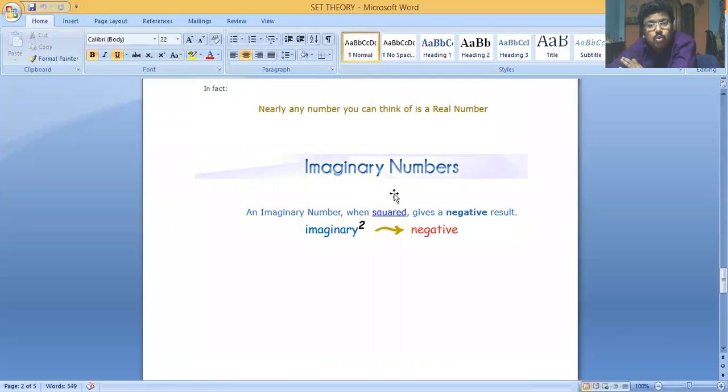Imaginary numbers. So what are the imaginary numbers? An imaginary number, when squared, gives a negative result. If you take the square of that number, you get a negative. So that is called an imaginary number.